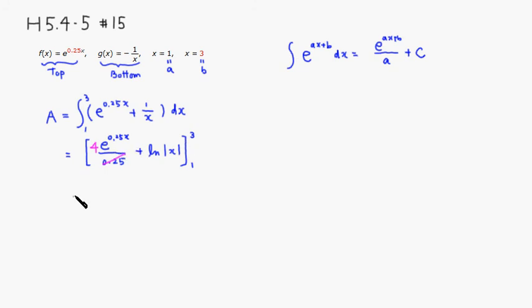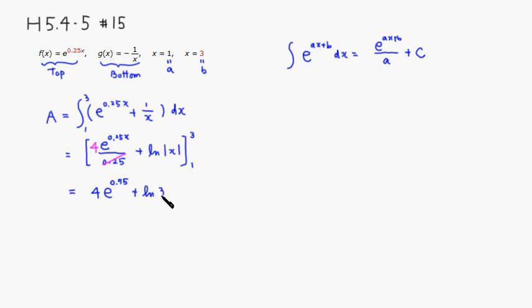Plug in the upper limit first: 4 e to the, plug in 3, 0.25 times 3 is 0.75, plus natural log of 3.